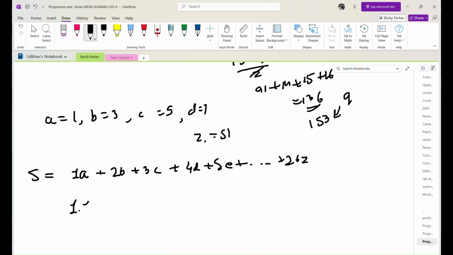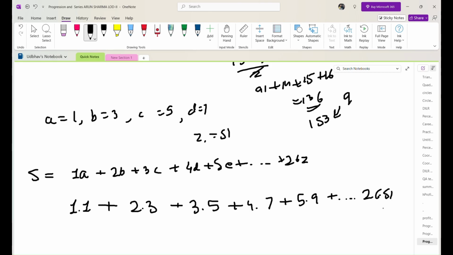So that will be 1 into 1 plus 2 into 3 plus 3 into 5 plus 4 into 7 plus 5 into 9 plus 26 into 51.